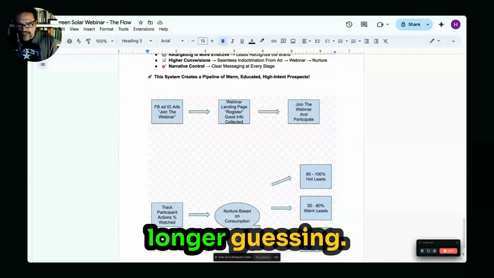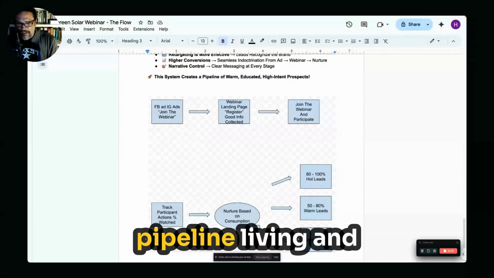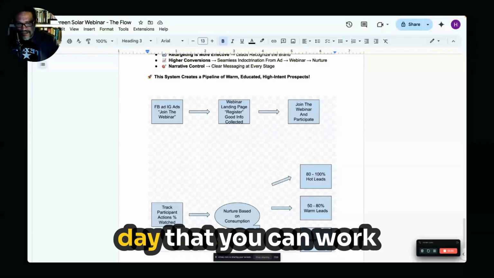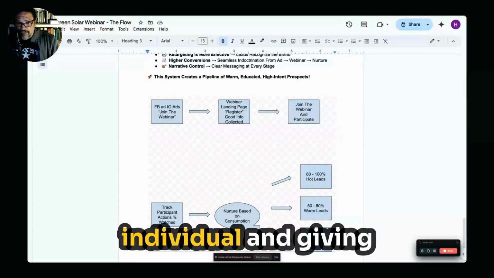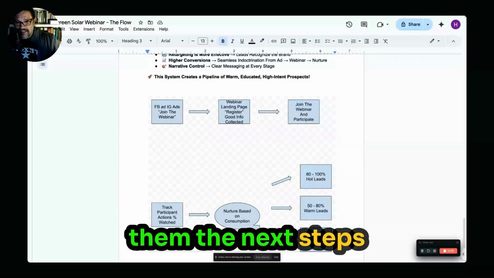You are no longer guessing. You have an active pipeline living and breathing every single day that you can work towards the goal of getting in front of that individual and giving them the next steps.